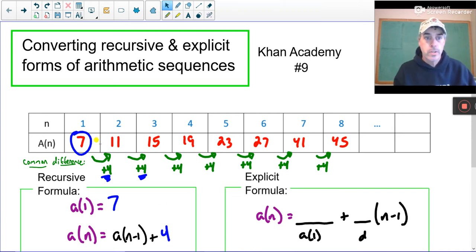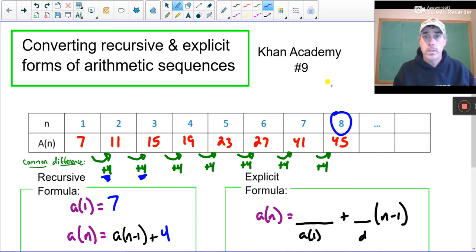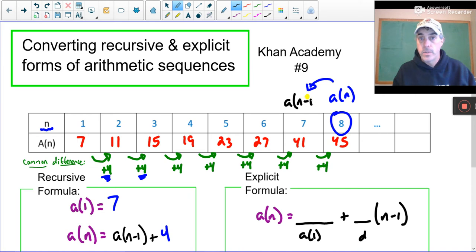Again, just so that you understand what recursive formula means, this is the first term of the sequence. And if you want a new term, like the 8th term, then all you need is the term before it. So if I'm going to call this a of n, then this term, the one before it, would be called a of n minus 1.